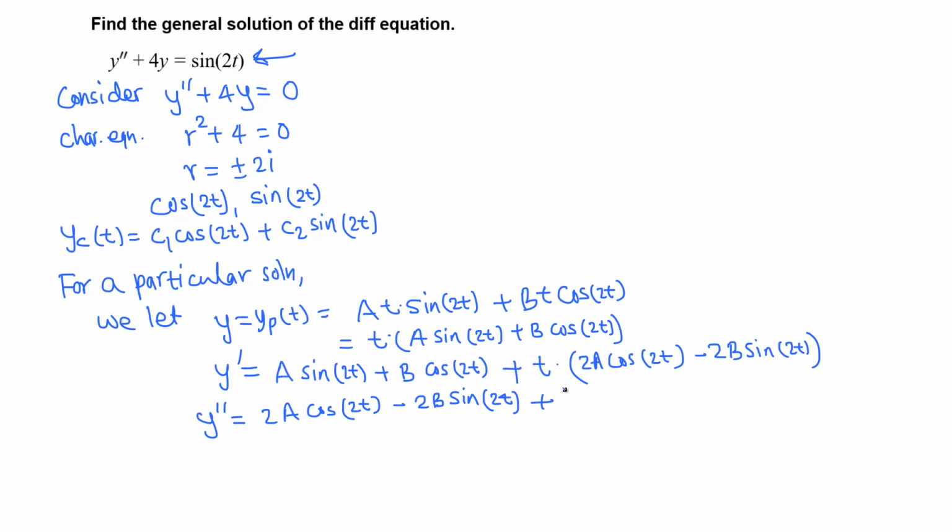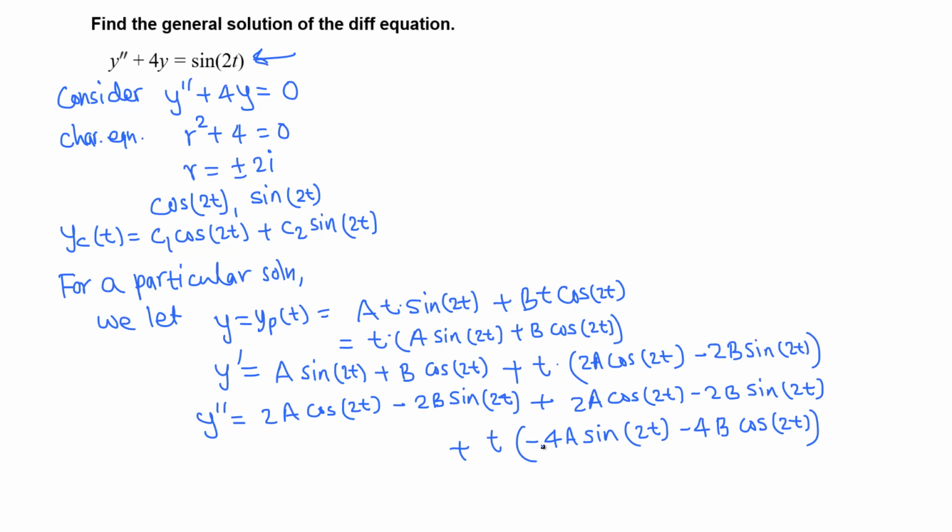The derivative of t is 1, leave the second factor alone, which is 2a cosine 2t minus 2b sine 2t, plus leave t alone, take the derivative of the inside function: negative 4a sine 2t, and the derivative of sine is cosine and 2 times 2 is 4, so negative 4b cosine 2t.